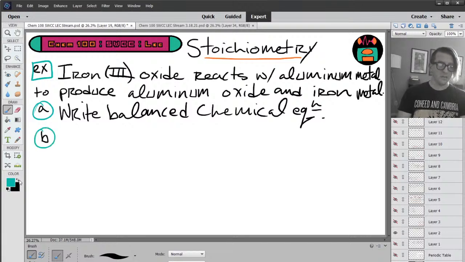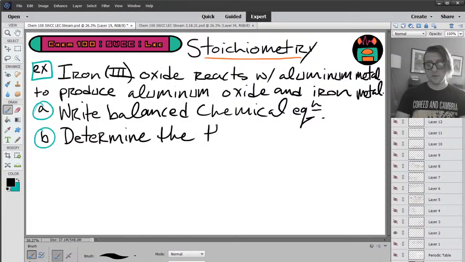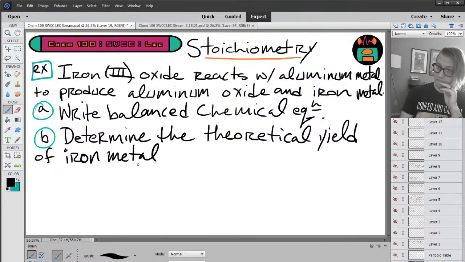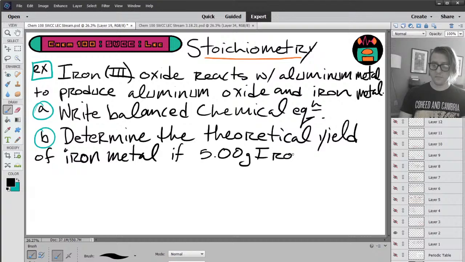Part B, determine the theoretical yield of iron metal if 5.00 grams of iron 3 oxide react completely.